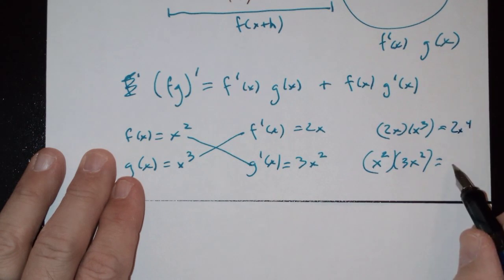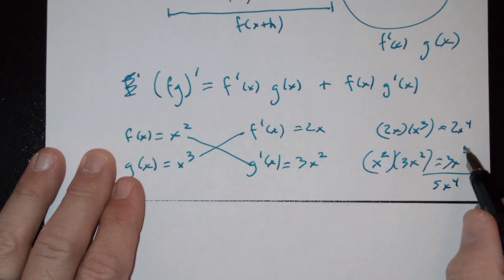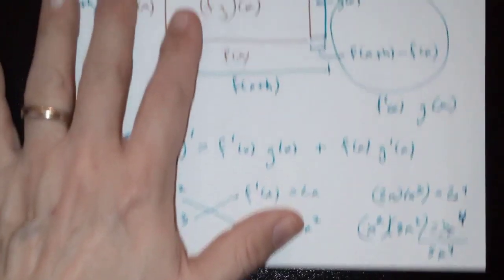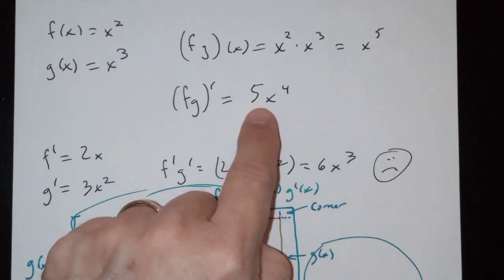Zion, what about this one? And if I add those together, I get 5x to the fourth, which is, scroll all the way back up, what I wanted to get.